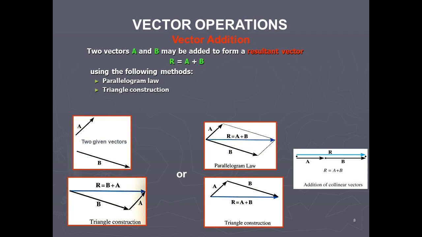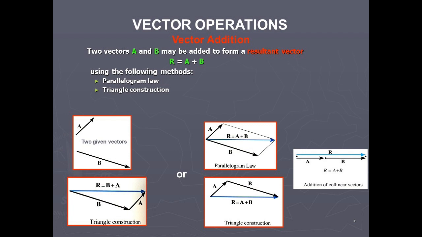Vector addition. When you add two vectors, they form a resultant. Resultant means just summation. R equals A plus B, but all these are vector quantities. R is the resultant, which is just summing A and B in vector form, meaning A and B must be in vector form.